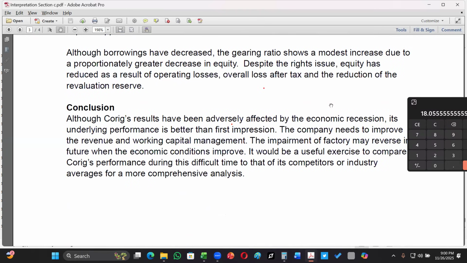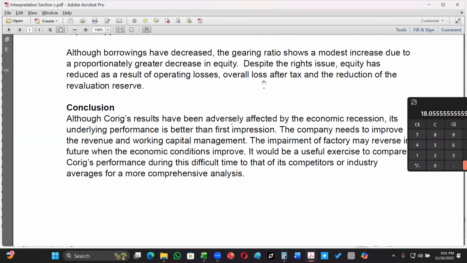We saw that there was a very small, nominal increase in the gearing ratio, due to the fact that we have the rights issue. The equity in terms of shares has gone up, but the overall equity has gone down because of the operating losses, and the operating losses are due to those impairments and redundancies.